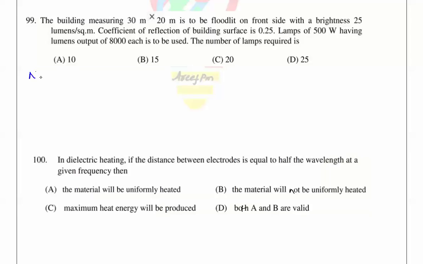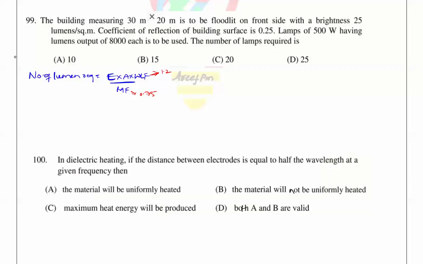So number of lumens required is equal to illumination into area into waste light factor divided by maintenance factor. So here we have to make certain assumptions that the waste light factor is 1.2 for regular surface and maintenance factor is 0.75 for regular surface.